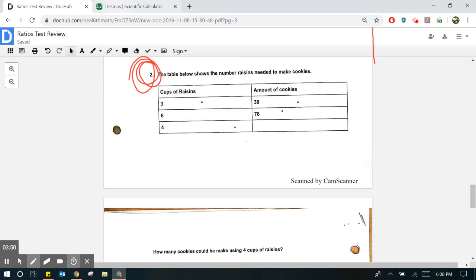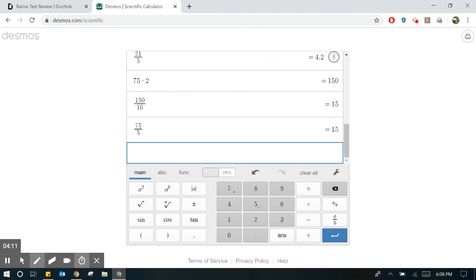So, let's find a pattern here. There's no clear pattern between 3 and 4. You could do it, it'd be 3 times 1.3333, but I don't want to do that because it's annoying. But there could be a pattern between 3 and 39. So 3 times 10 is 30, and 3 times 3 is 9, so 3 times 13 would be 39.